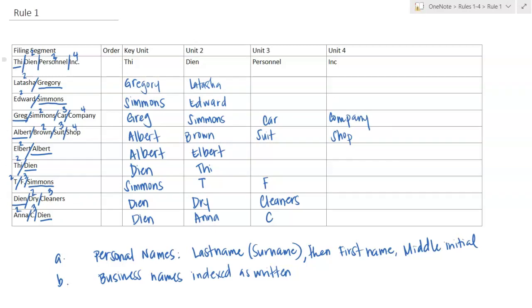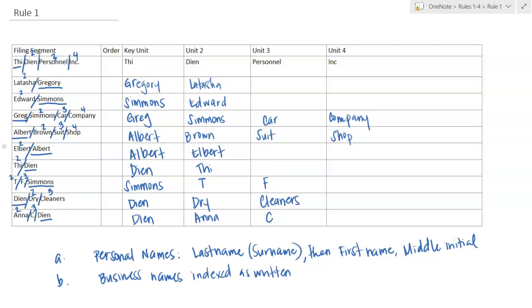So if we're given all of these names, and we want to put them in order, number 1 would be the record or the name that's going to be filed first in a folder or a filing cabinet. And so this will be in alphabetical order. When I'm looking at the key unit, I want to see what letter would come first. In that case, we have A for Albert, and there's no other A's.